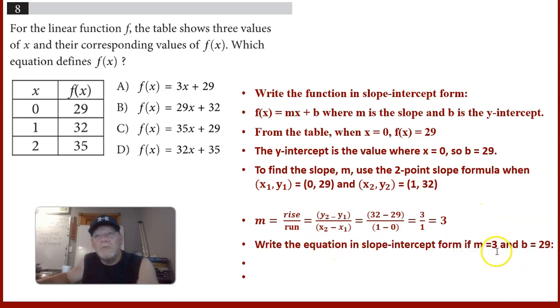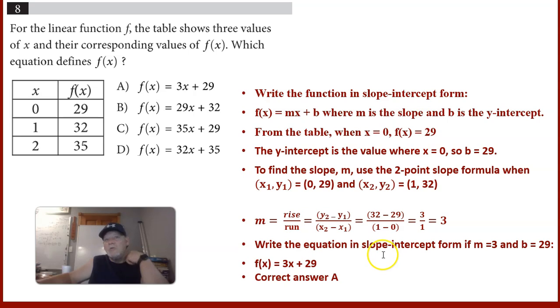So my slope is 3. My y-intercept is 29, and I can use this slope-intercept form to find my equation, which happens to be f of x equals mx, 3x, plus b, plus 29. So f of x equals 3x plus 29, which happens to be choice A.